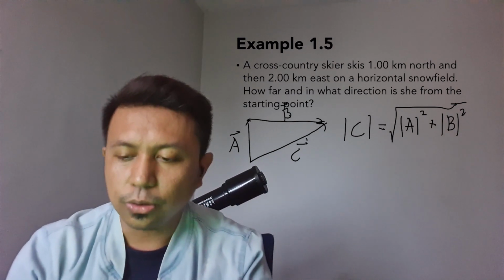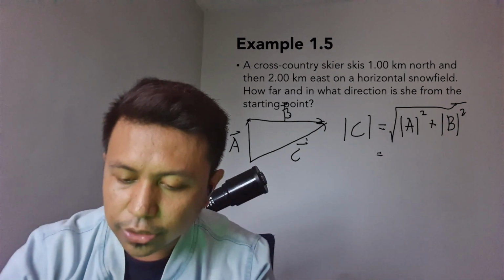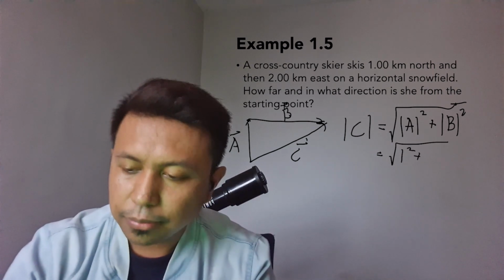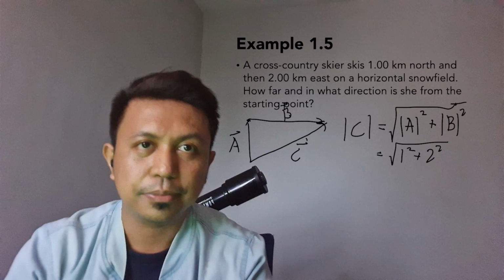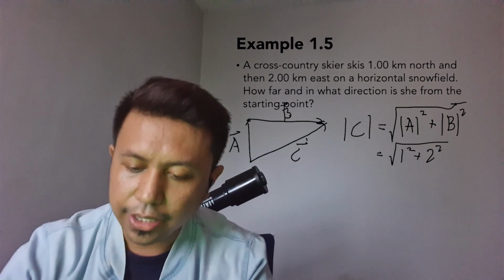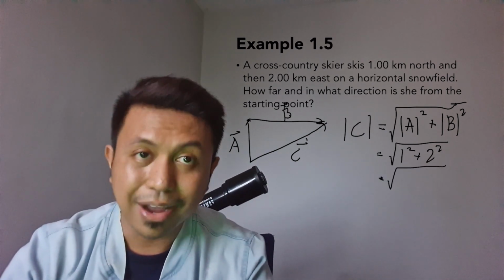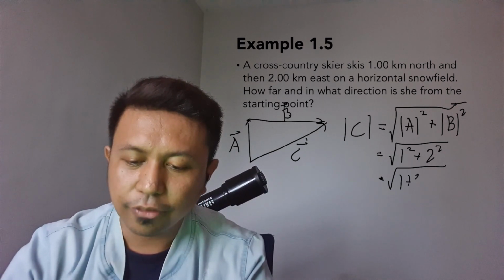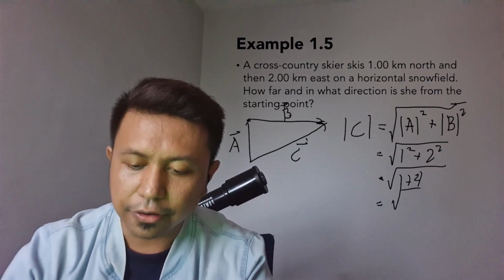So how do we do this? We could get the square root of 1 squared plus 2 squared. Do the math: 1 squared is 1, plus 4, so basically the square root of 5.